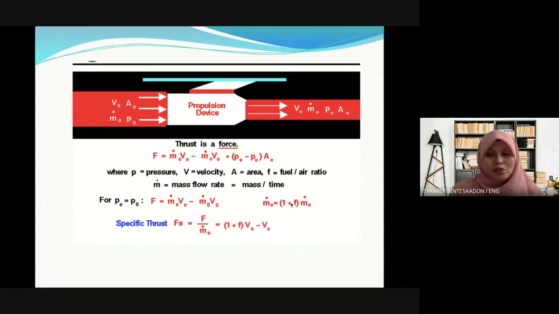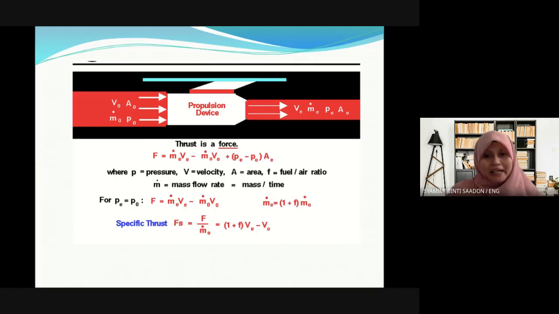This notation F is a ratio of the fuel mass flow rate, MF, over the mass flow rate of air at the intake, M naught, or M initial, or M air. So that is what we call F.